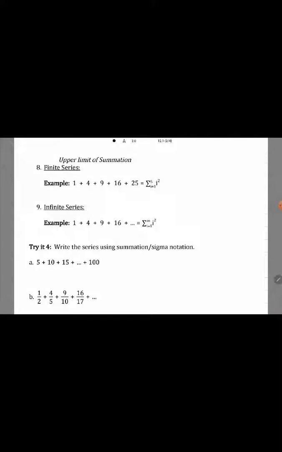The finite series has a limited number of terms. Infinite has an infinite number of terms.